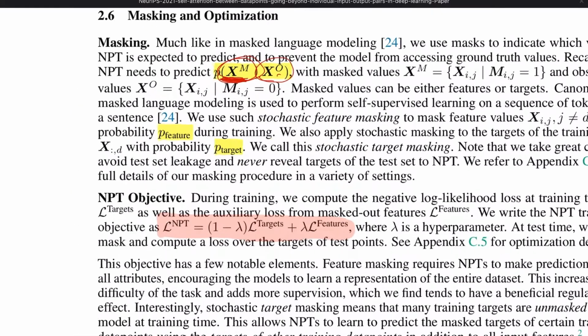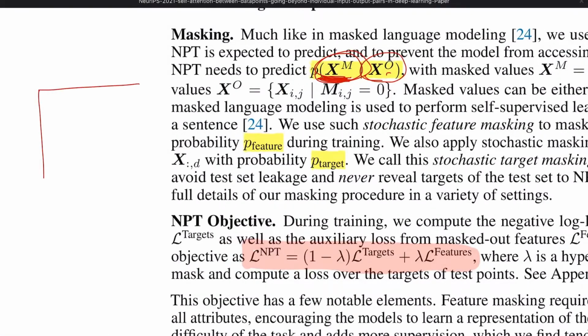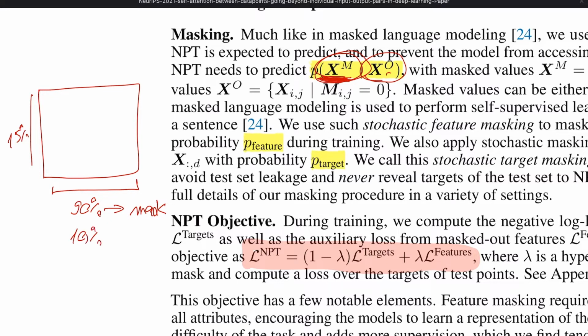I checked the appendix, and the masking procedure is that you are selecting 15% of the data points, and then you randomly pick 90% of the features and mask them, and then you pick the other 10% of the features and do something like a random perturbation.